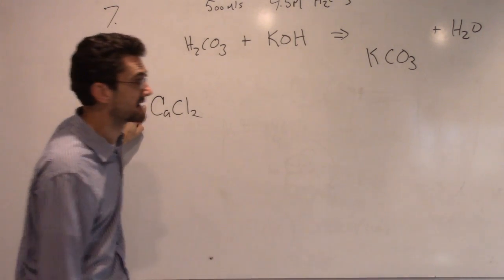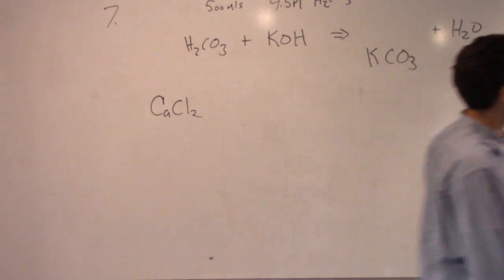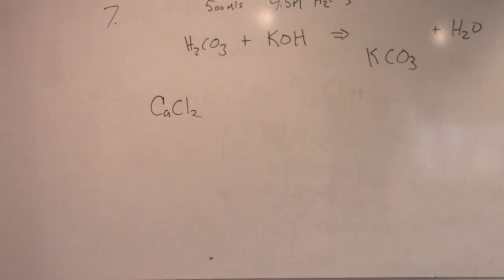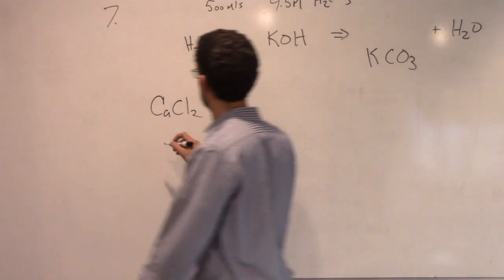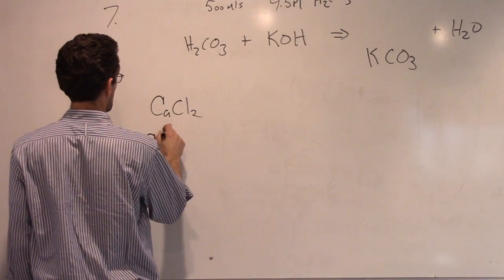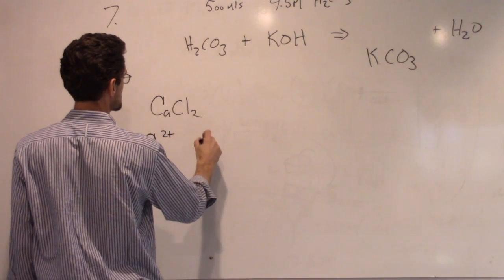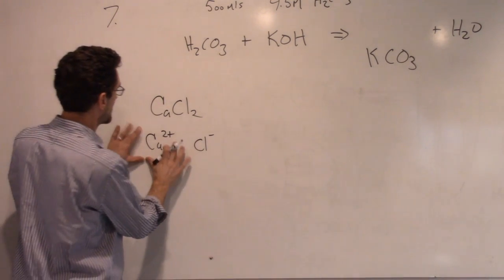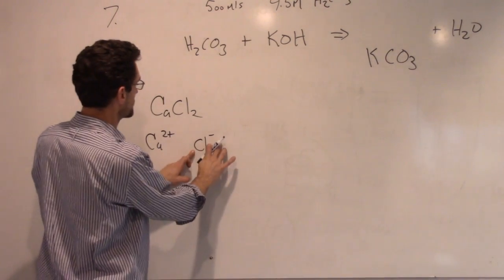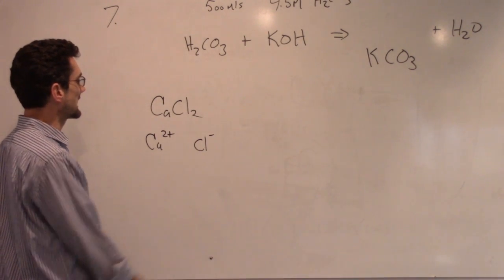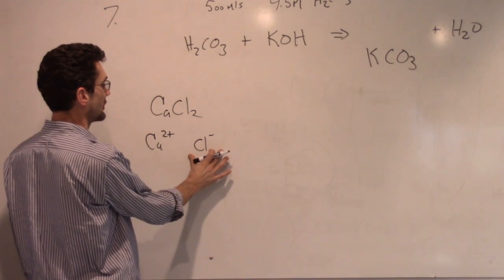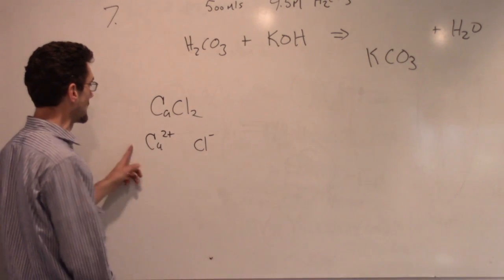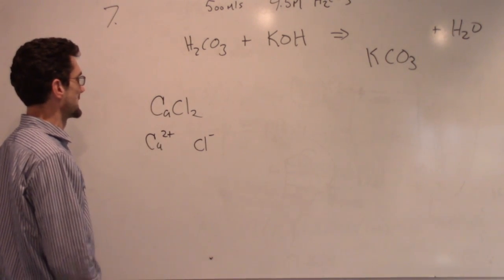If you look in your periodic table, the oxidation state is in the second column. Oxidation state of calcium is Ca2+. What's the oxidation state of chlorine? Negative, right? So we've got a +2 here, a -1 here. I'm going to have 2 chlorides to balance out this one +2 calcium ion.